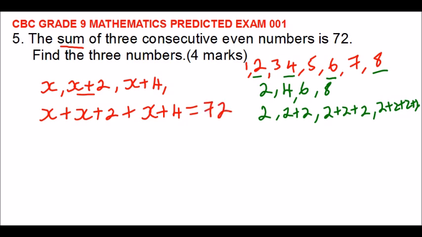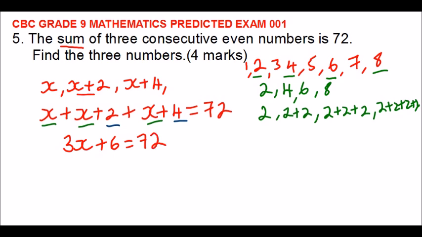And therefore, what we need here is to put the like terms together. And therefore, we put x plus x plus x. That will give us 3x. Then we have 2 plus 4. So that will give us plus 6 is equals to 72.